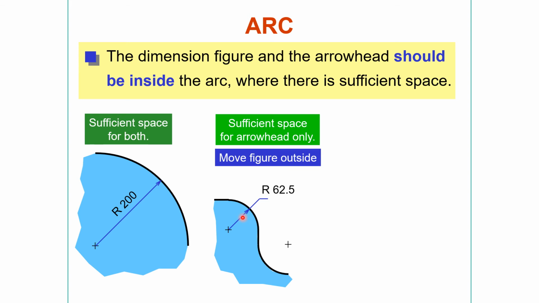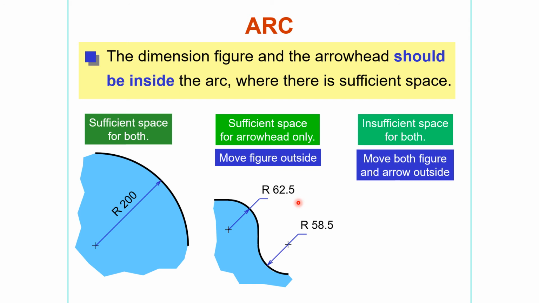If only the arrowhead can be placed, you can place the dimension figures outside. With insufficient space, you can even place the arrow outside. I hope you got the idea.